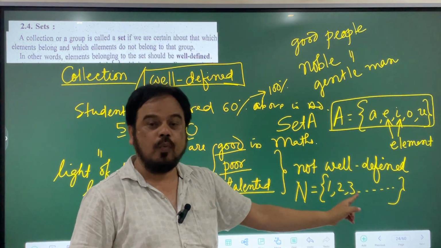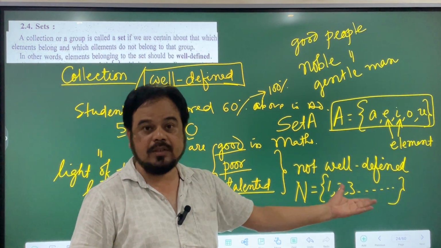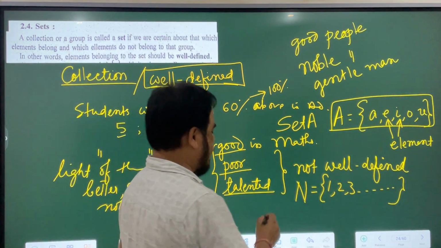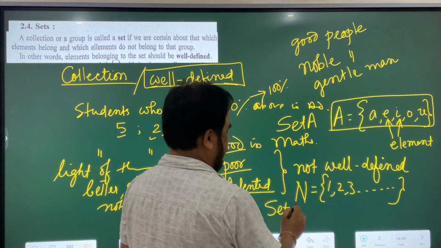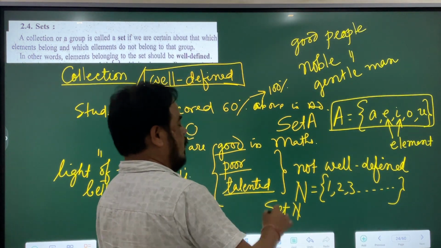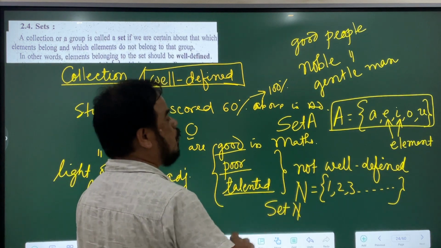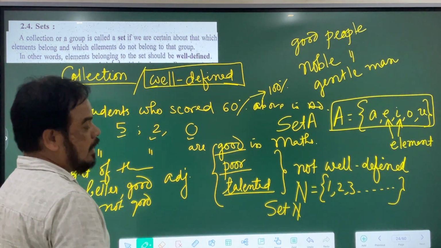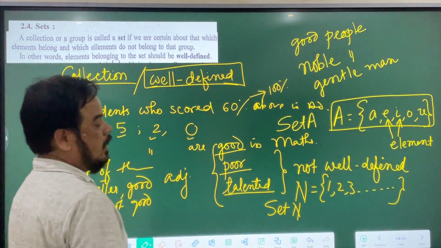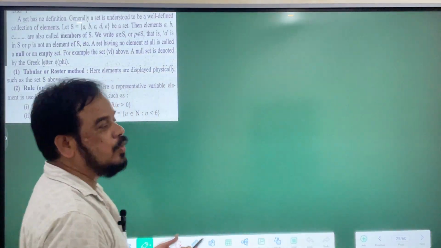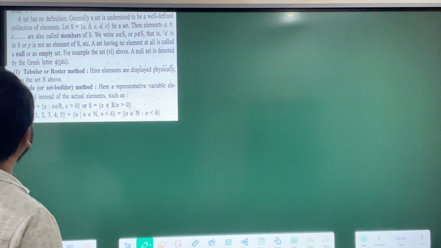This is also well defined because there are some elements. So this is called set N. That is why I have already told you that capital letters are used for the name of a set. I hope you understand, a set is any collection which is well defined.